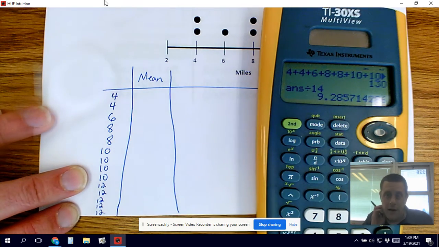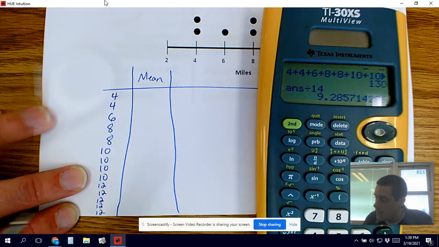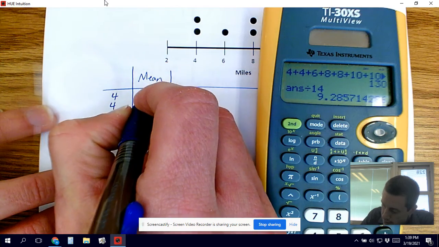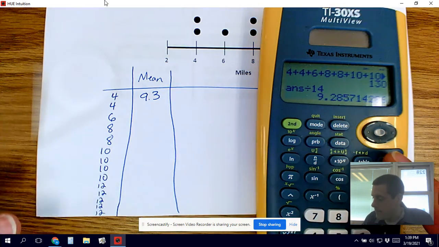Gives me a mean of, we're going to round to the nearest tenth, 9.3.